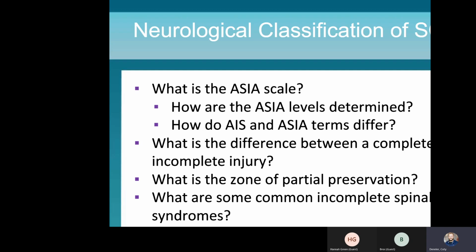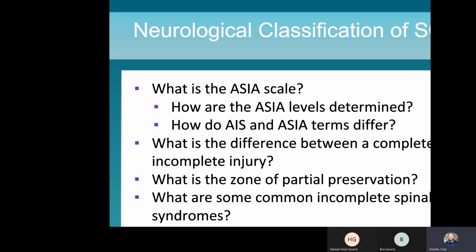Then you also have to consider what's called the zone of preservation. That is used with a complete spinal cord injury. These people will have some level of motor or sensory intact below the level of injury and above the S5.